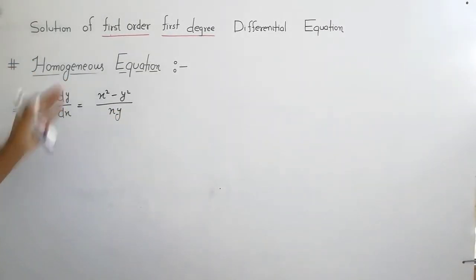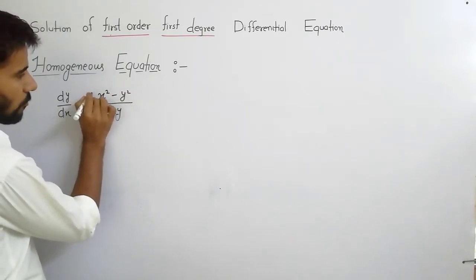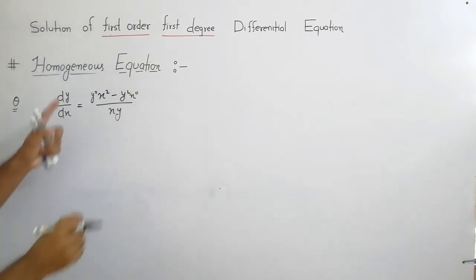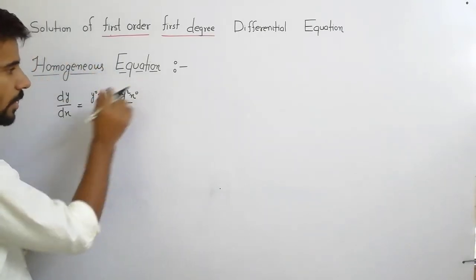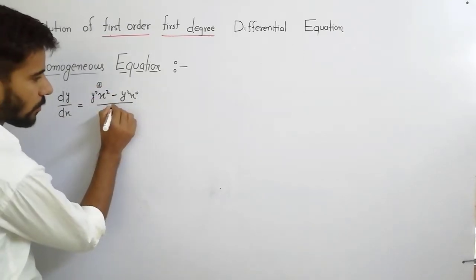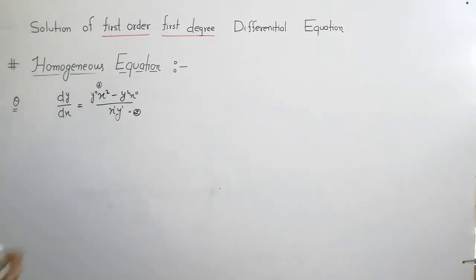We can clearly see that the degree of the numerator is 2, and in the denominator 1 plus 1 is also 2. This is a homogeneous equation.